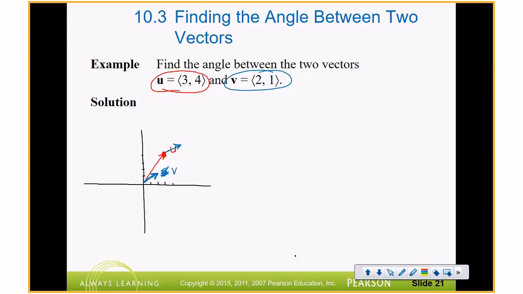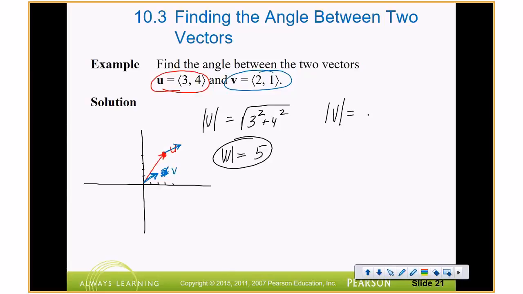So we got 3 squared plus 4 squared, square root, is equal to the magnitude of U. And that is equal to 9 plus 16, which is 5. Okay, so we got the magnitude of U. Magnitude of V is going to be equal to 2 squared plus 1 squared.